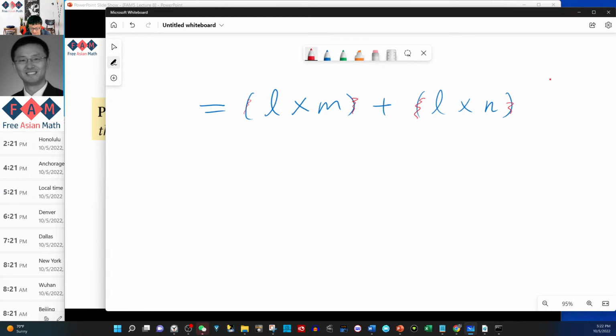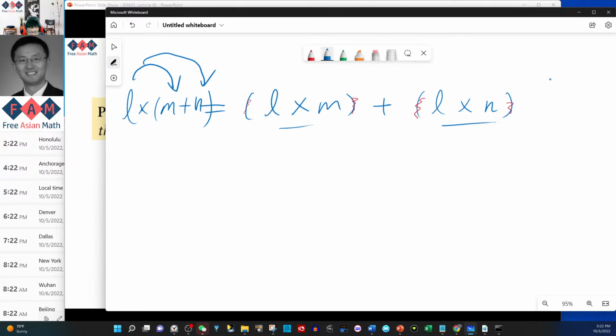Without the parentheses it's still the same thing, but we add them anyway. So the left-hand side is L times (m plus n). You can see that it can distribute over addition, so this equals L times m plus L times n.